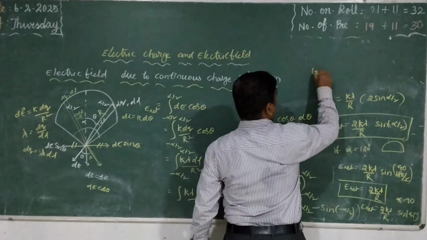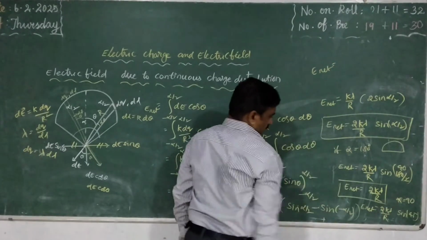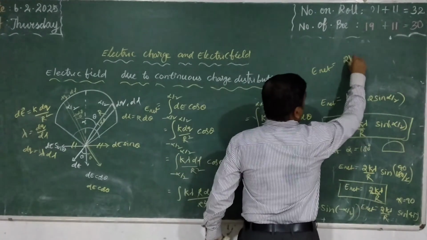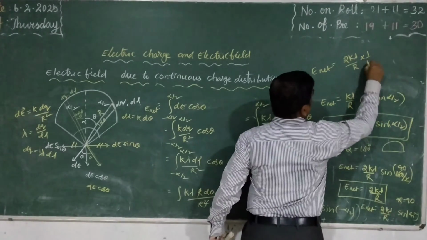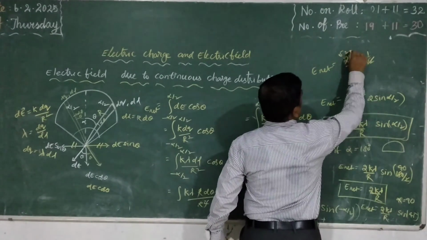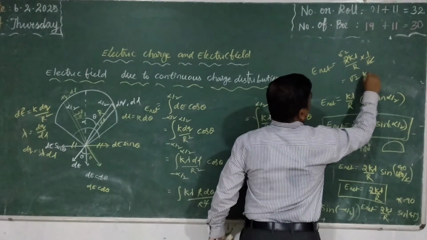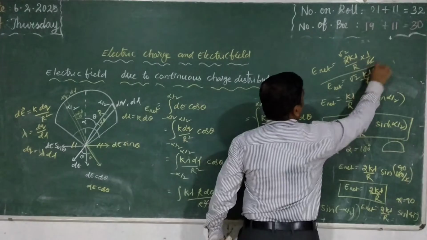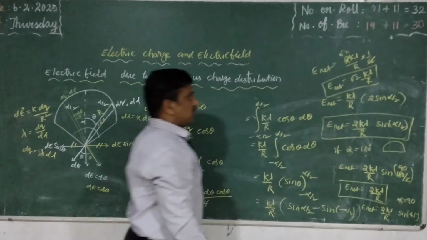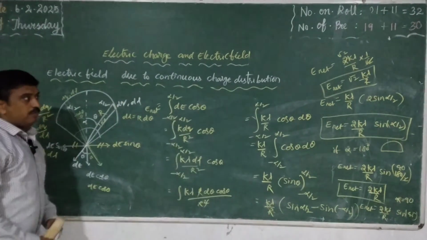E net equals 2k lambda by r into 1 by root 2. Root 2 cancels, and we get root 2 k lambda by r. This is the net electric field due to the quadrant.